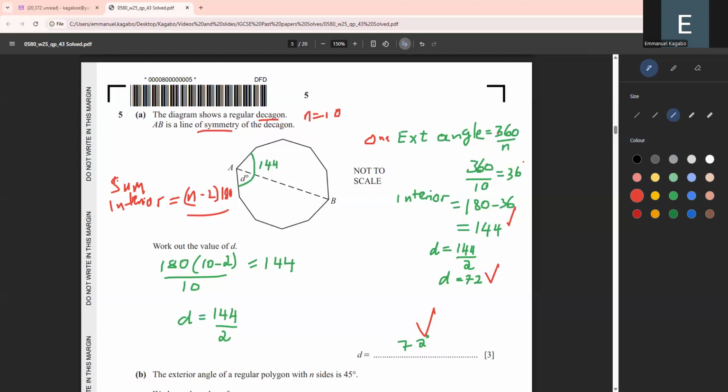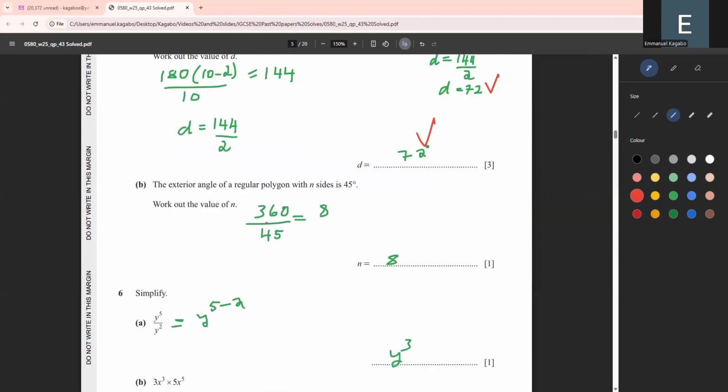So by doing simple algebra, the number of sides will be equal to 360 divided by one exterior angle. Do you get that, guys? Okay, that will be the formula. So here I get 360 divided by one exterior angle, which is 45 degrees, and I'll get the value of n, and the answer is 8.